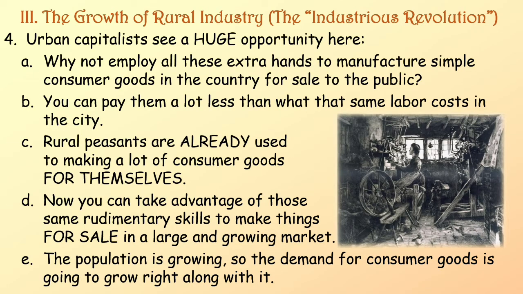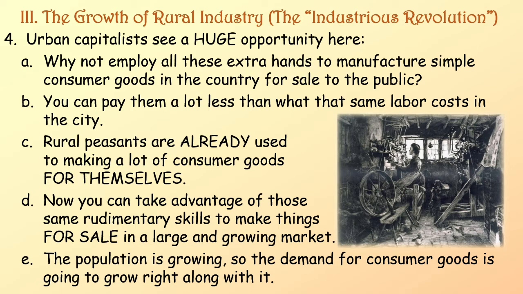Urban capitalists see a huge opportunity here. Why not employ all these extra hands to manufacture simple consumer goods out in the country for sale to the public? You can pay them a lot less than what that same labor costs in the city. Rural peasants are already used to making a lot of consumer goods for themselves.